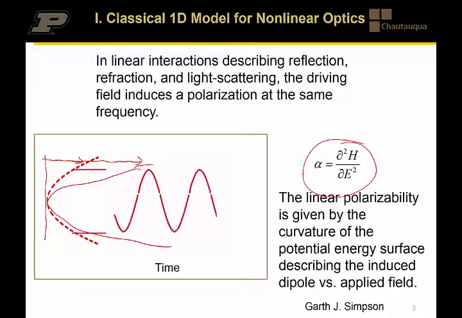For the same applied electric field. And so the curvature of this surface is intimately connected to the magnitude of the sloshability. A steeper curvature of the internal energy with respect to applied field corresponds to a larger sloshing. And so your linear polarizability is given by the second derivative in a one-dimensional system with respect to the electric field.